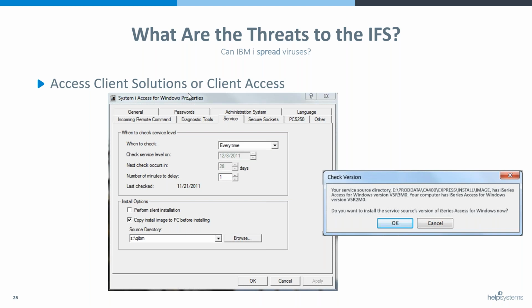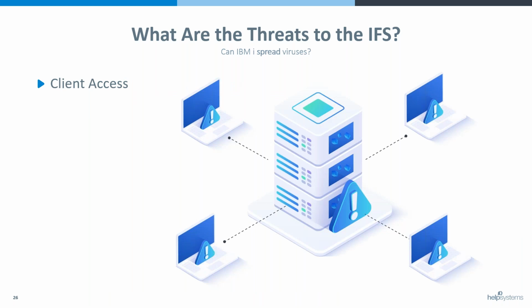And they went around for weeks trying to figure out, because every time that virus launched on her PC, they'd go and they'd clean it up, they'd get her going again. The next day it would happen again. They finally realized that Client Access had actually been corrupted and was spreading malware within their network. You would never think that in a green screen environment that a virus would be populated that way, but in fact it was.